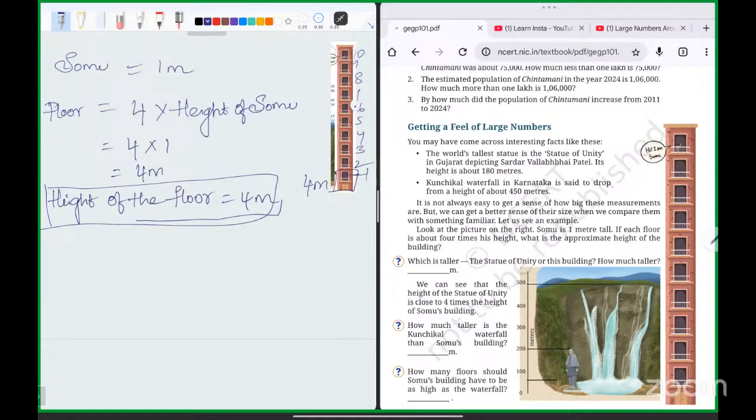So what will be the height of a 10 floor building? The building has a total of 10 floors. To find out the height of the building, we already have the height of a single floor, which is 4 meters, into the number of floors in a building.